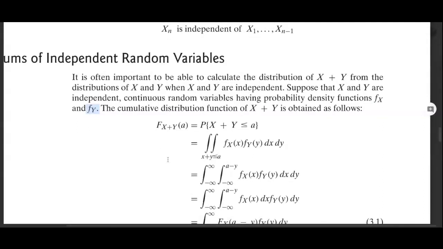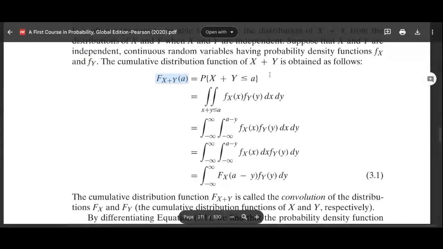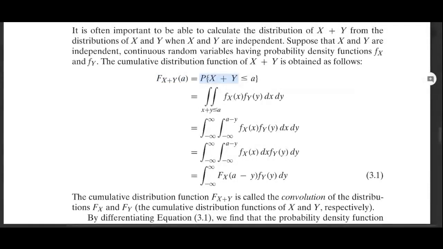The cumulative distribution function of this, which some of you already used, is obtained by this: the probability that X plus Y is less than or equal to a is the double integral over this region of the density functions f_X and f_Y, the product of those two.